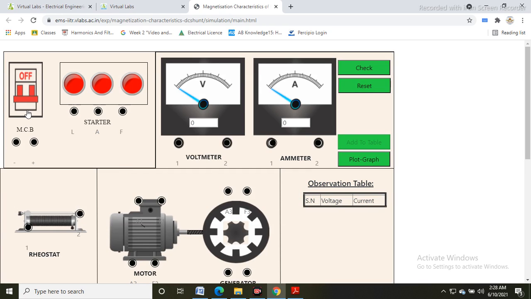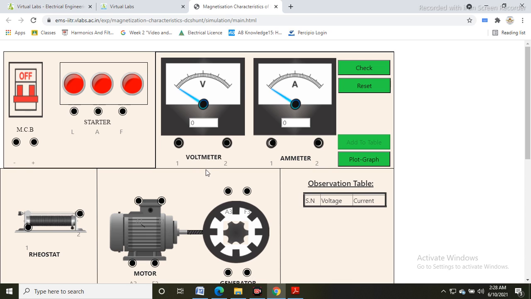Okay, this is the main source, this is the starter, this is the voltmeter, ammeter, and DC motor, and this is the generator. The generator has two coils, one armature winding and the second one field winding.